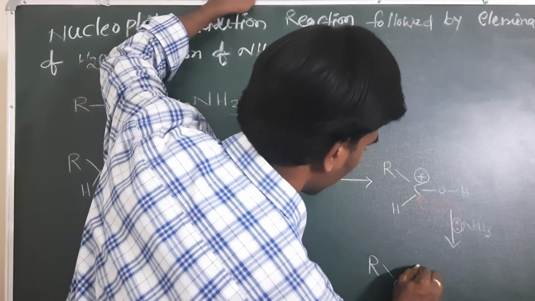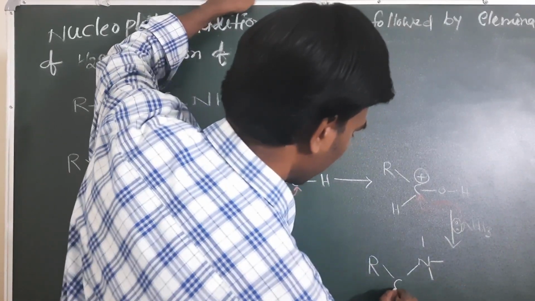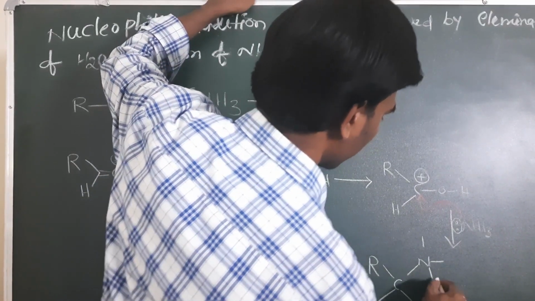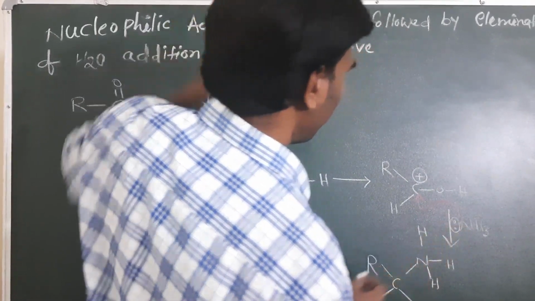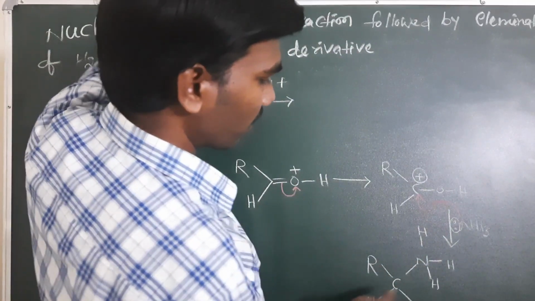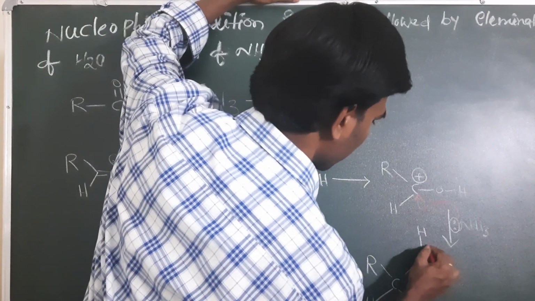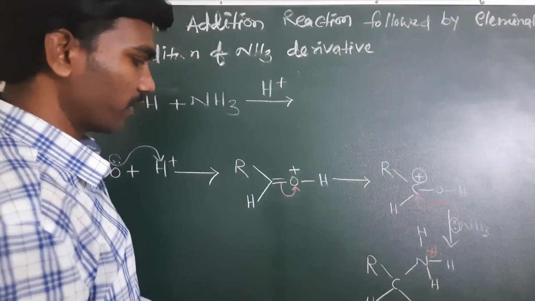Nitrogen valency is 3, but here 4 bonds are there, so you can take a positive charge. Positive charge indicates it is suffering with electron deficiency.